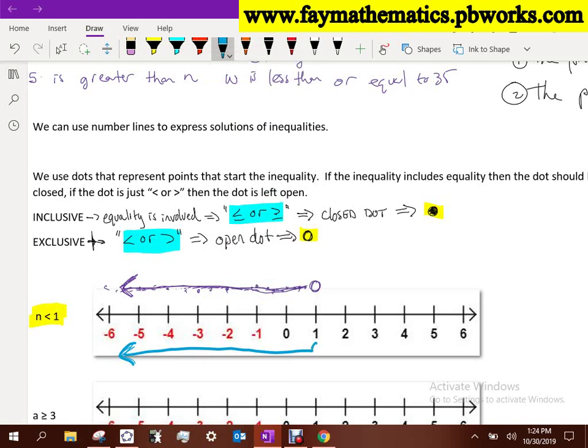So let's put that there, and I'm going to close that one off. I'm going to shade in that blue dot. Would you agree that there are an infinite number of purple values and an infinite number of blue values that are identical? So I got a lot of solutions that are the same there, right? Are there any that are different?